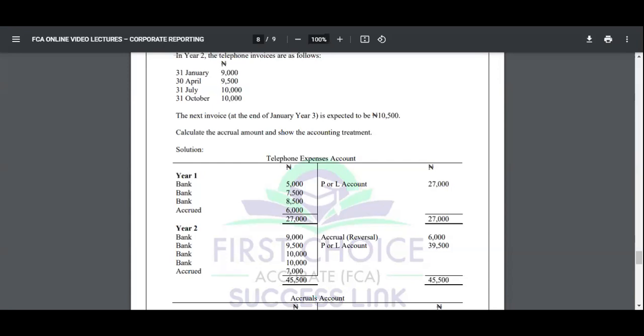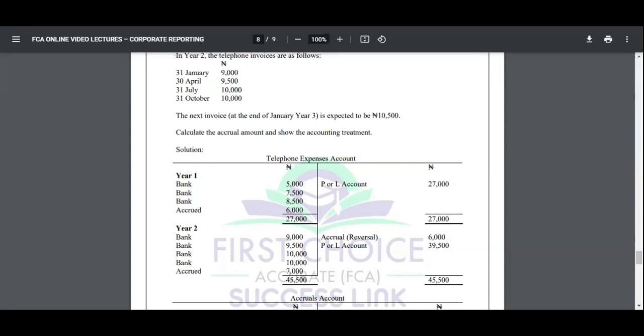after the 3rd month. So after the 3rd month, we can't do a proper accounting until we prorate this 10,500. So we divide 10,500 by 3 and then multiply it by 2. So if we divide 10,500 by 3, we should be having 3,500.